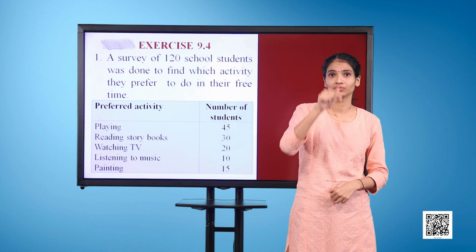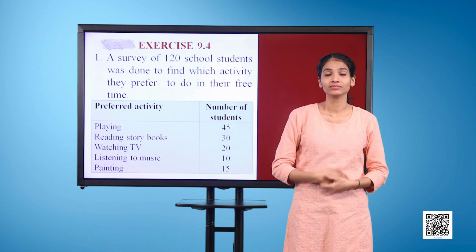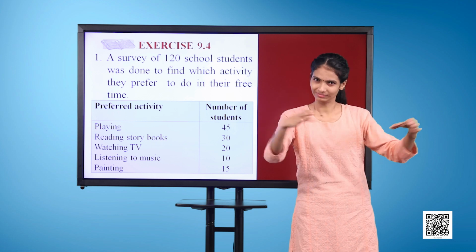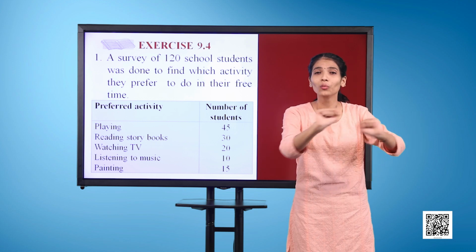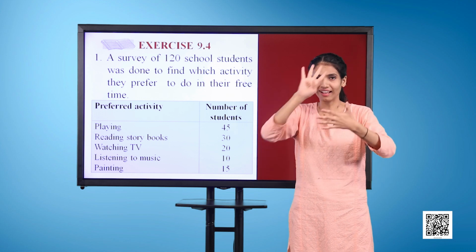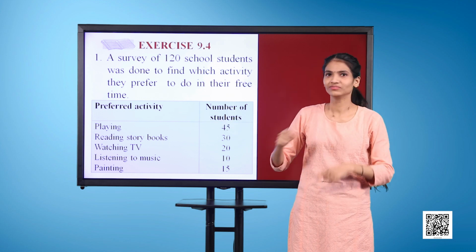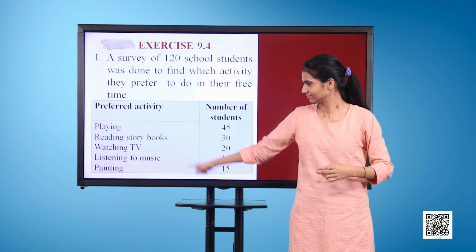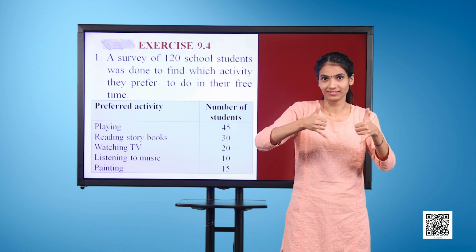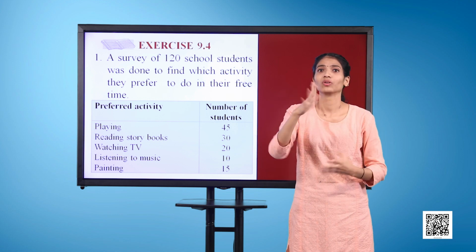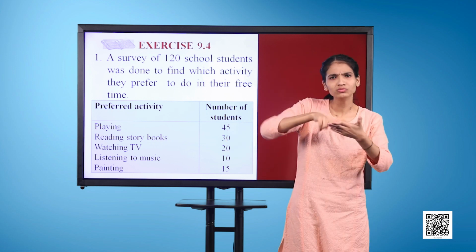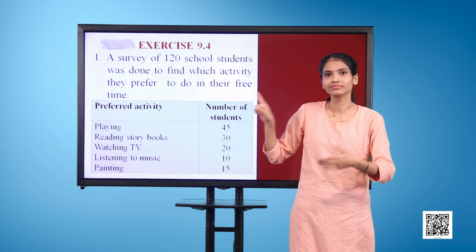Exercise 9.4. 1. A survey of 120 school students was done to find which activity they prefer to do in their free time. Preferred activity, number of students. Playing 45. Reading storybooks, 30.